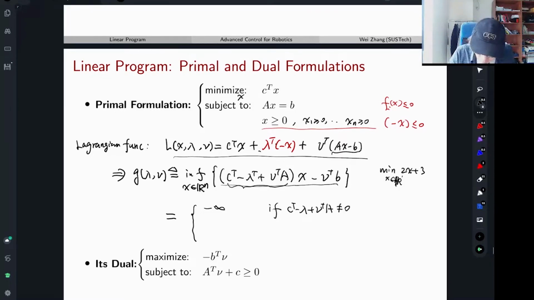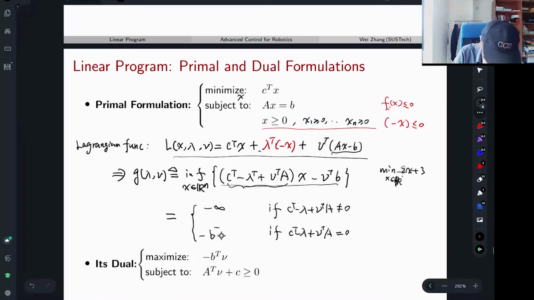Even if the coefficient is negative 2, it doesn't matter, I can also pick positive 100, positive 10,000 to decrease the cost. As long as this coefficient is non-zero, because I minimize over the entire R^n, this will be negative infinity. The only case it has a finite value is if c transpose minus lambda transpose plus nu transpose A equals 0, then the value will be just negative nu transpose b, which I can also write as negative b transpose nu.